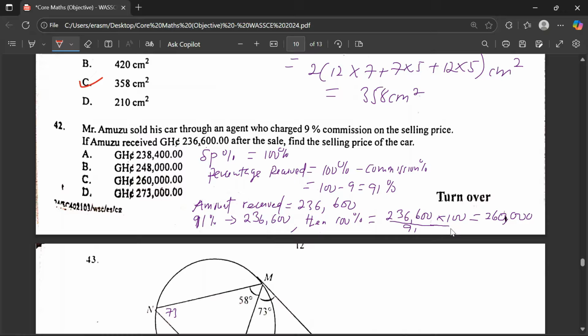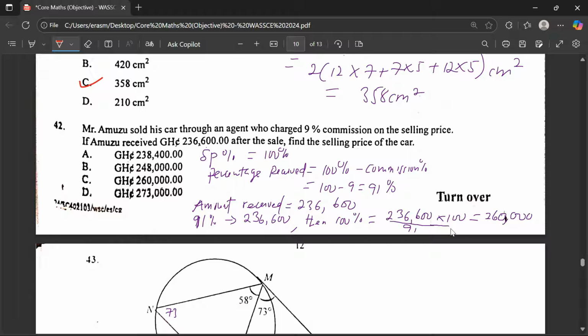Mr. Amuzu sold his car through an agent who charged 9% commission on the selling price. If Amuzu received 236,600 cedis after the sale, find the selling price of the car. Now, selling price in terms of percentage is 100%.